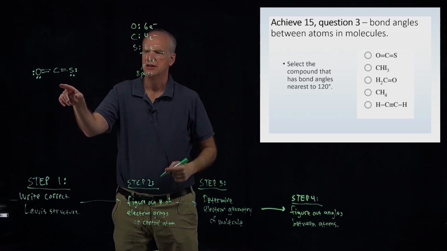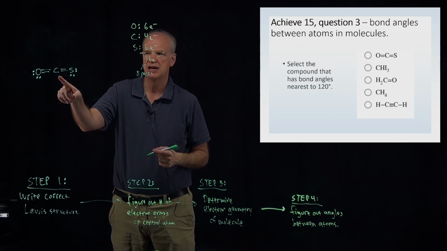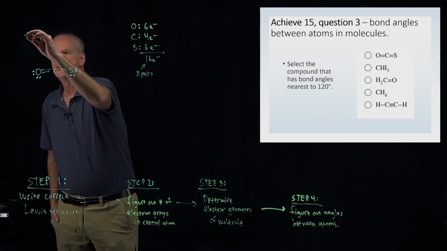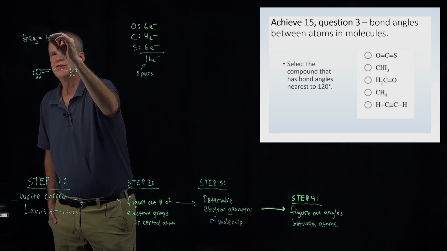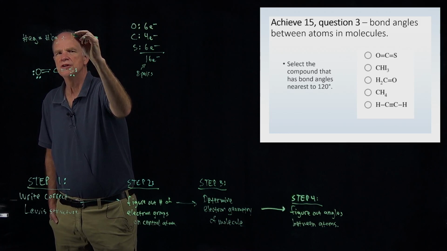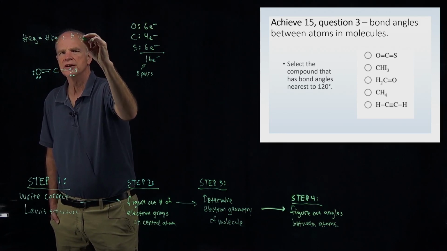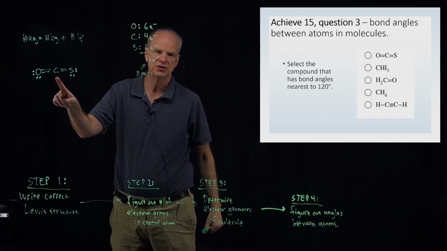Step 2 is we have to figure out how many electron groups the central atom has. Let me remind you something. The number of electron groups is equal to the number of bonding groups plus the number of lone pairs. Again, we're trying to figure out the number of electron groups for the central atom.